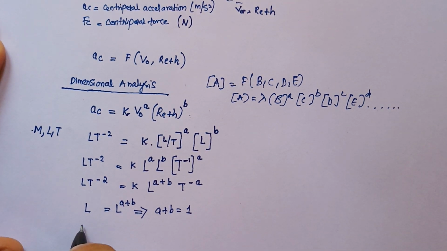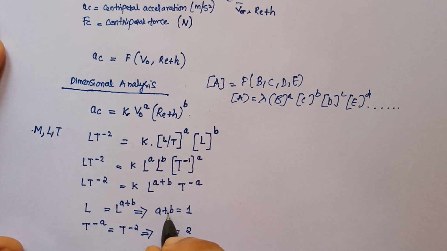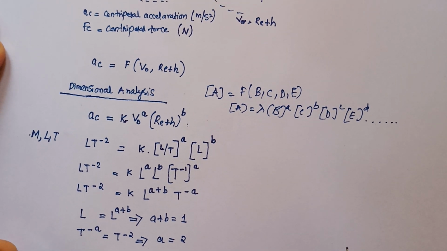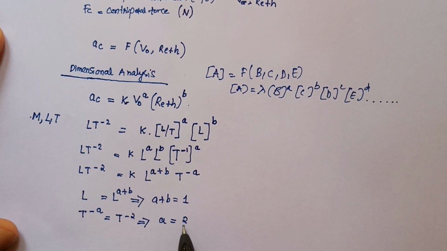Again T power minus a should be equal to T power -2. That implies a is 2. So from these two equations, basically b will be -1. It's just simple math, so b equals -1.